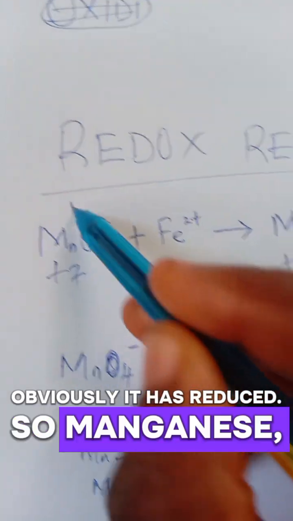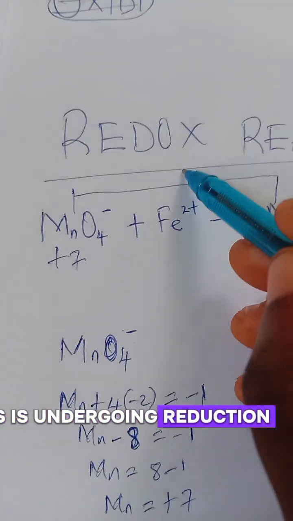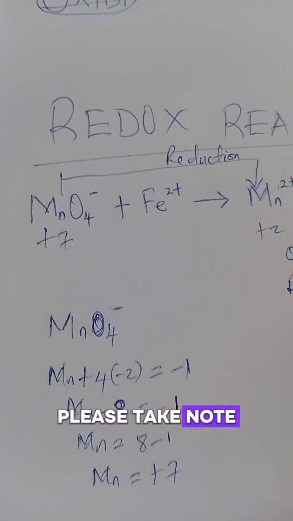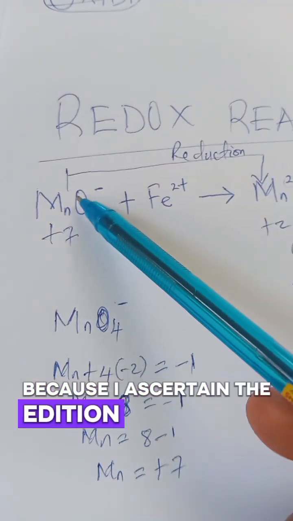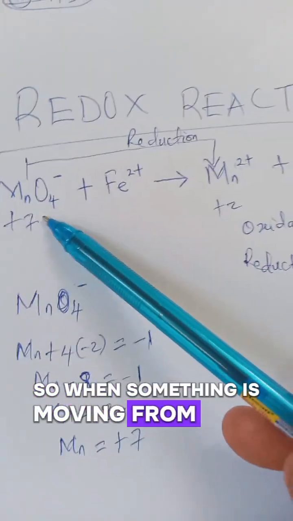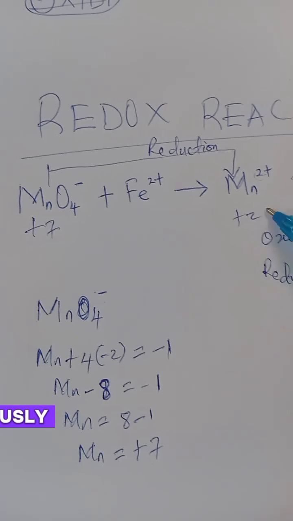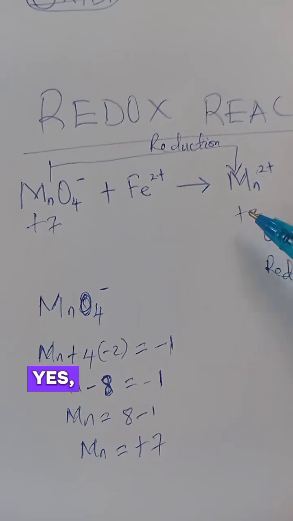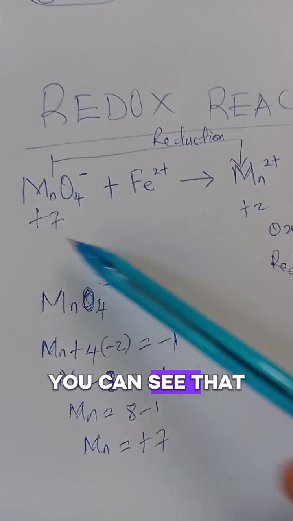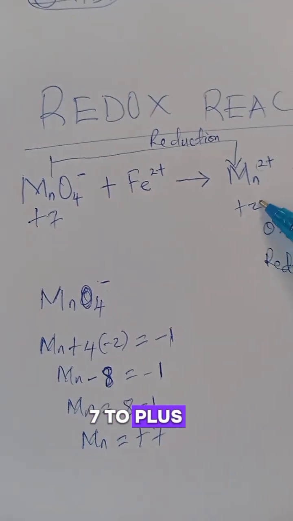So manganese here is undergoing reduction. Please take note, because I ascertained the oxidation number of manganese here to be plus 7. Yes, because I defined reduction as the decrease in oxidation number. You can see that there is a decrease from plus 7 to plus 2.